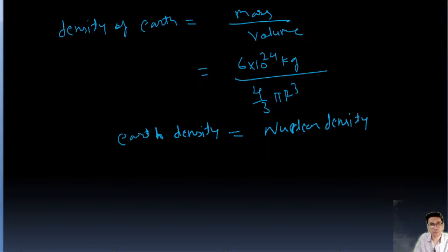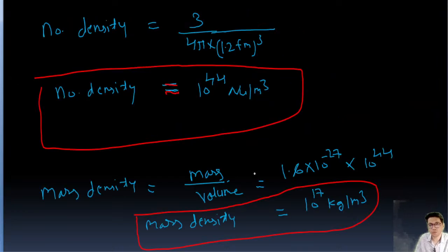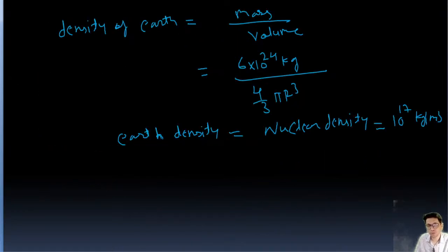I told you, you need to remember and memorize that. That is almost equal to 10 to the power 17 kg per meter cube. If you don't know this value, you would not be able to solve this question. So earth density equals nuclear density, which is the mass density of the nucleus, 10 to the power 17 kg per meter cube.